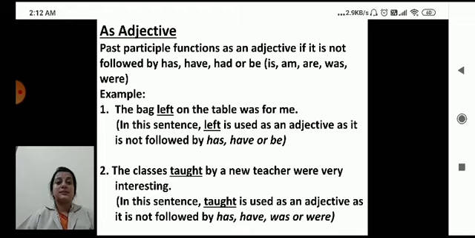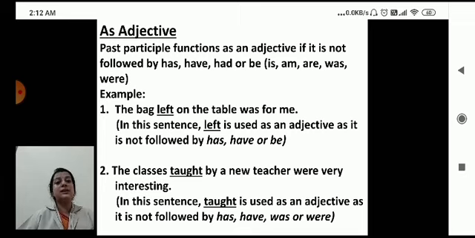But when it is used as an adjective, you can see that we have used the same past participles, left and taught, here also. A past participle functions as an adjective if it is not followed by has, have, had or be, like is, are, am, was or were, right?